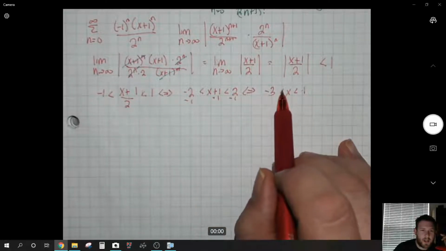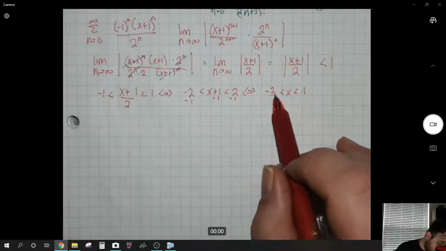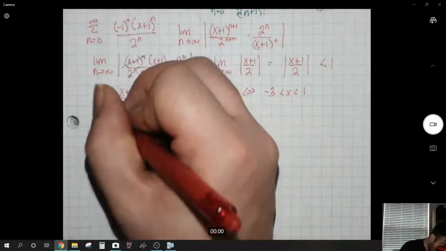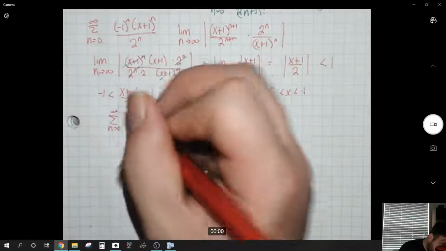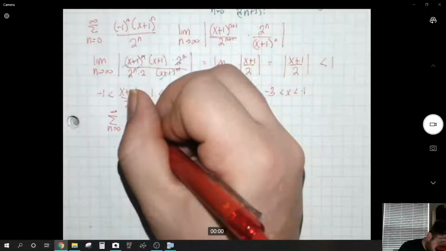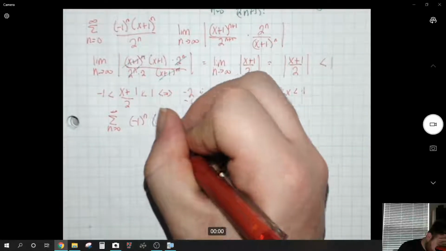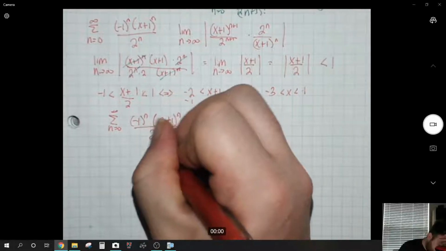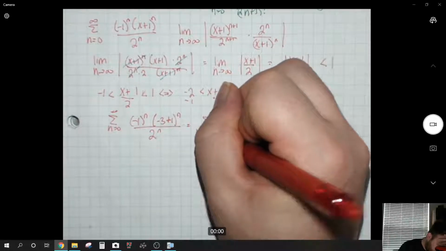Now I need to check to see if it's equal to here or equal to here. And once again, we're going to plug both of these values into here to see if that works out. So -3 plus 1 to the n over 2 to the n, which equals, I'm going to simplify that a little bit.